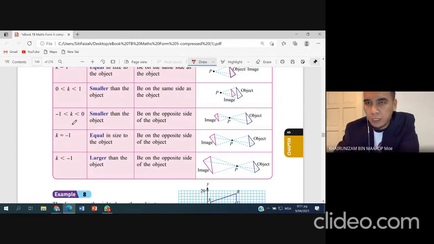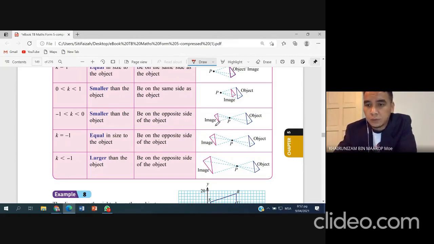Okay, and if K is less than 0 but still more than -1, if we get the scale factor in a negative value, that means the image and the object are at the opposite side, like this. And don't forget, if the scale factor is negative, the image is inverted to the object.